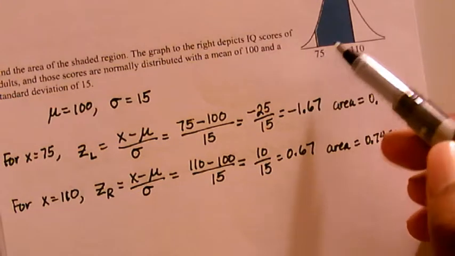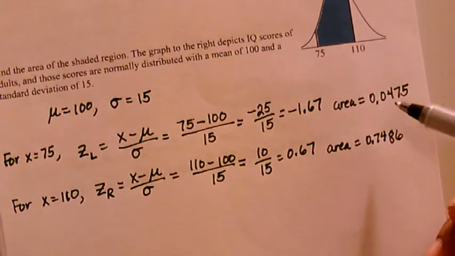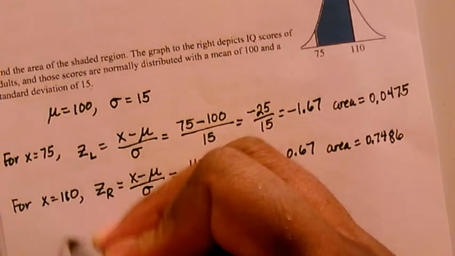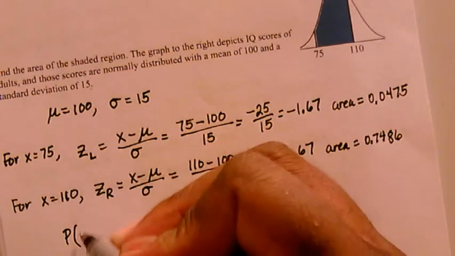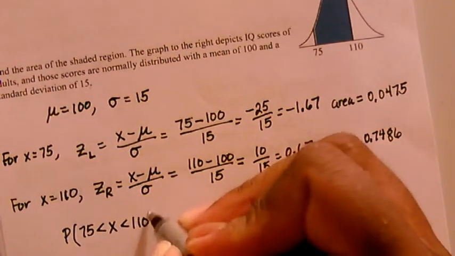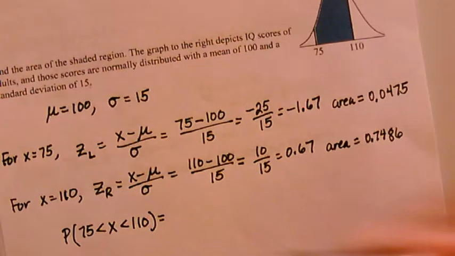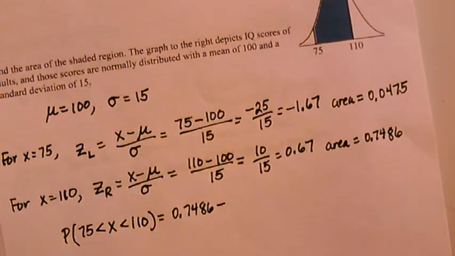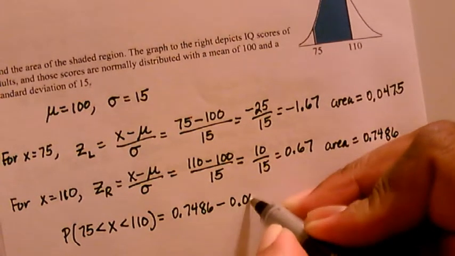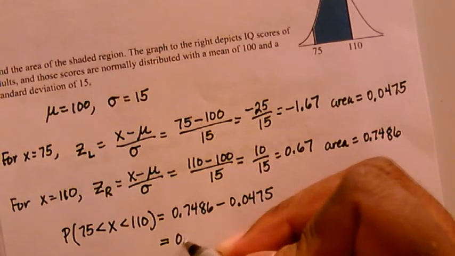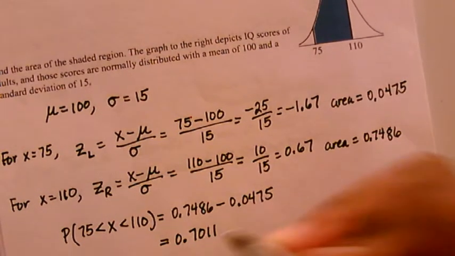And of course we got the area in between, so that means we need to subtract these two probabilities. So here we can find the probability that your x value is between 75 and 110. That's going to give you 0.7486 minus 0.0475, and that will give you 0.7011.